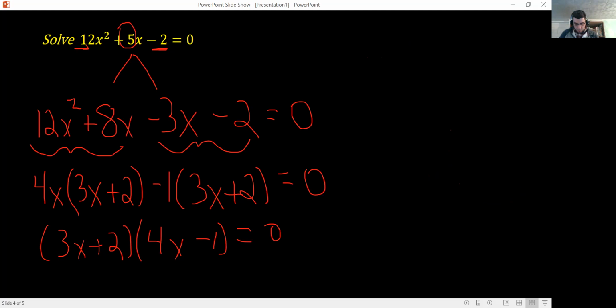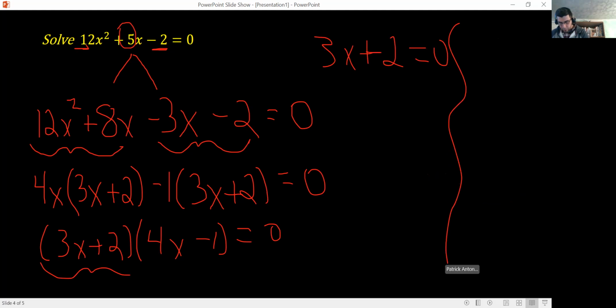But from there, what we're going to do is set each factor equal to 0. So the 3x plus 2 equals 0, and the 4x minus 1 equals 0 as well. In this case, you subtract 2, divide by 3, and you get x equals -2/3.